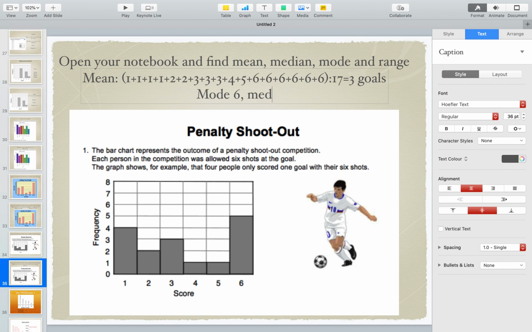Now median is the number in the middle. So do we have 17? So I think it will be 1, 2, 3, 4, 5, 6, 7, 8. 1, 2, 3, 4, 5. So the median is 3.